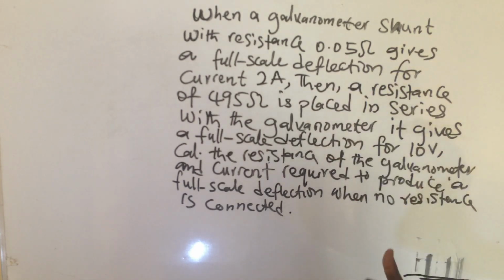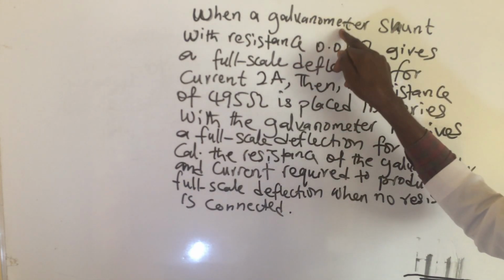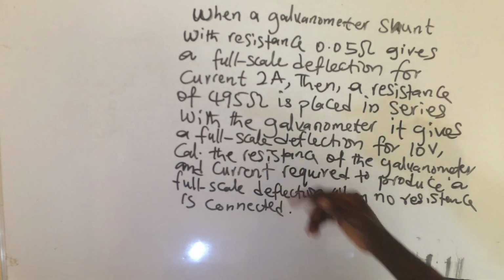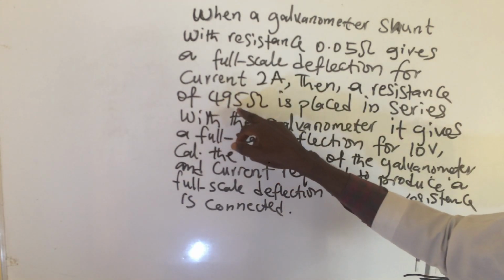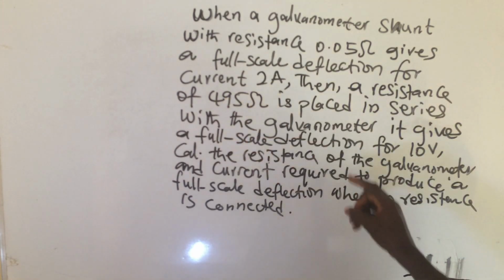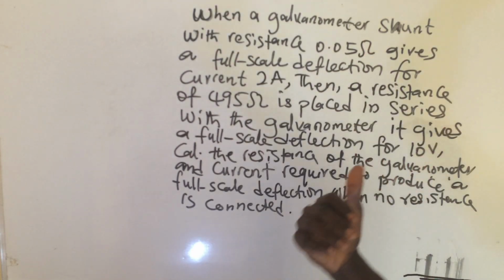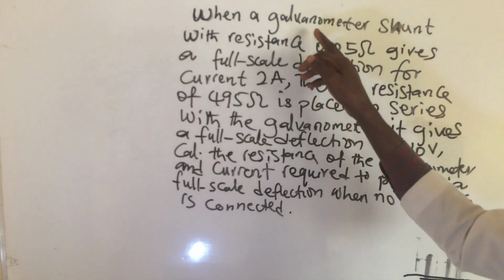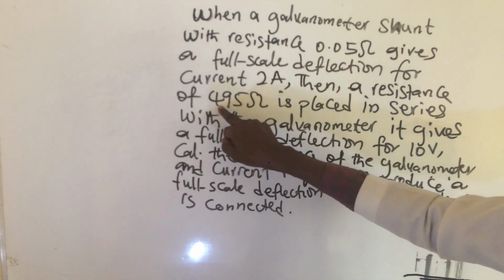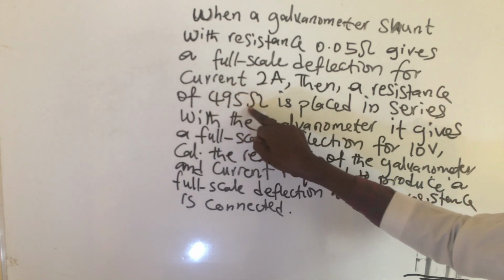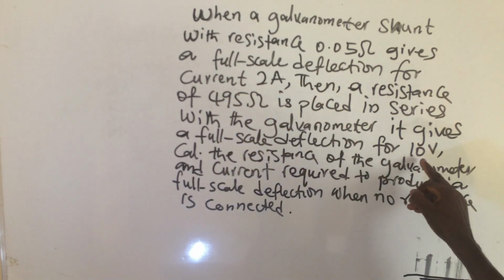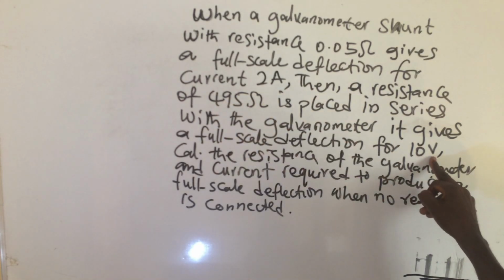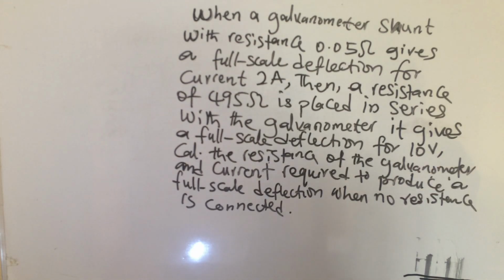Whenever you want to convert a galvanometer to a voltmeter, you put a very high resistance called the multiplier in series with the galvanometer. You now convert it to a voltmeter. So the same galvanometer with a very high resistance in series is why it can measure 10 volts, okay?